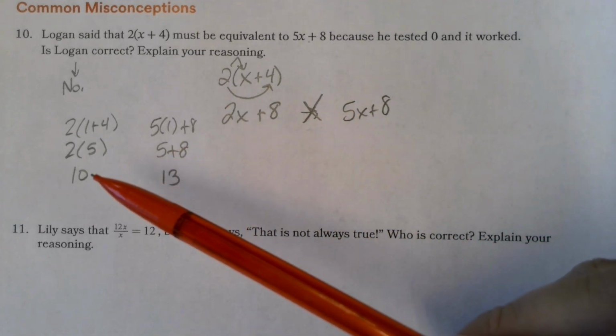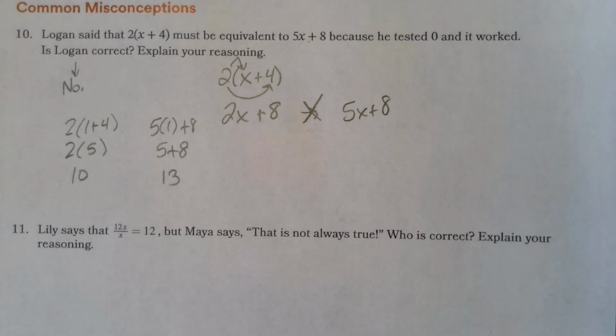Or by possibly testing more than one number. On the first 9 problems, also those that were not equivalent, we showed how we got those numbers, and then we used 0 to check.